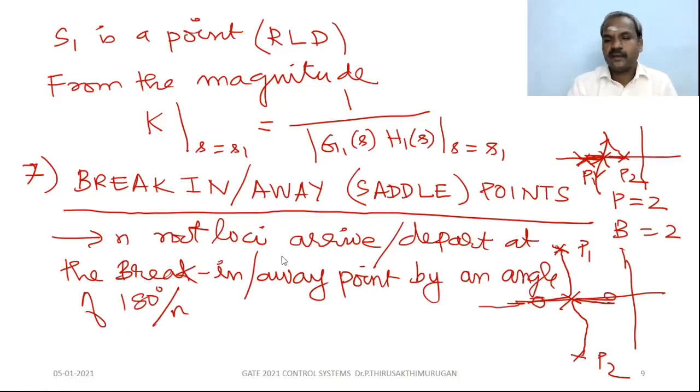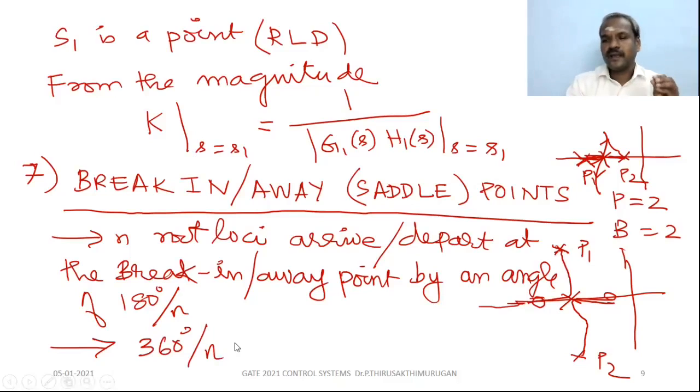Similarly, en route loci arrive at the break-in point by 360 degree by n.